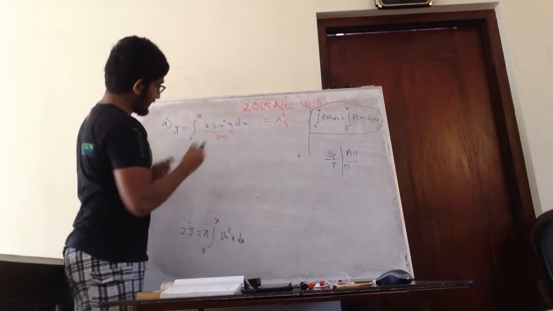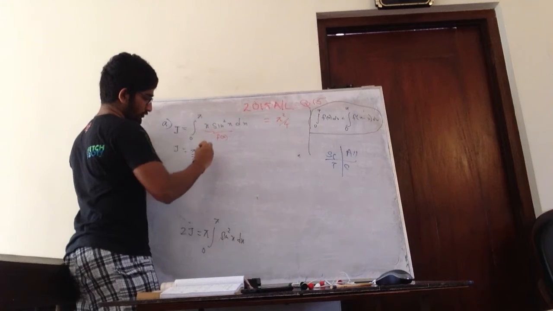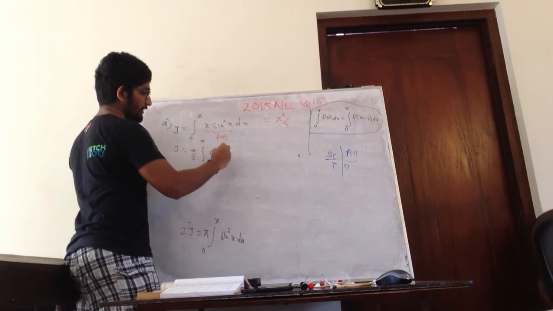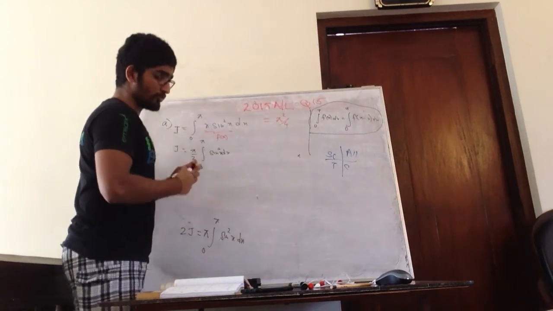So I get J as the integral from 5 over 2 to 5 of sine squared x dx. Right? So what do we know?